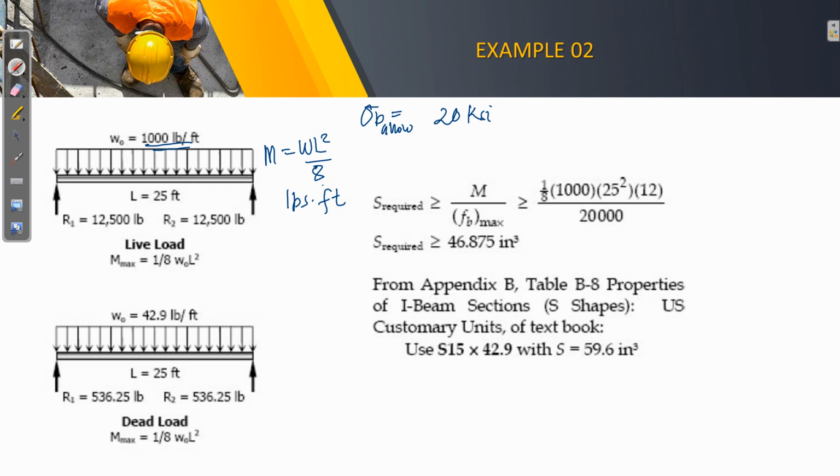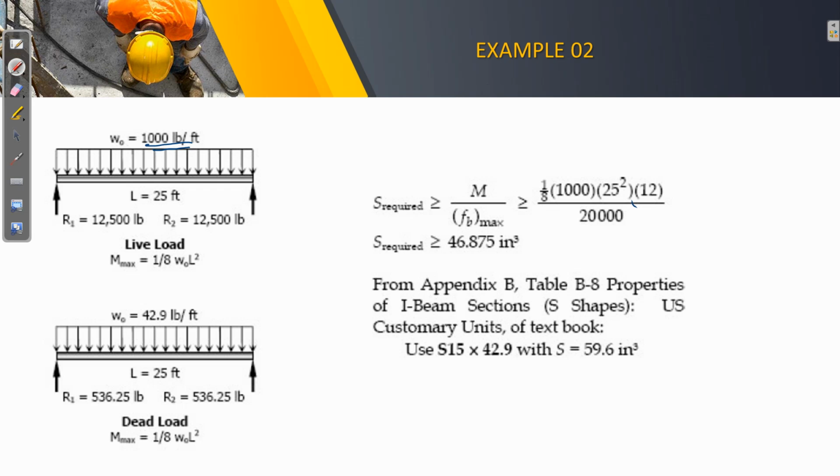So we need to convert feet to inches. One foot is 12 inches. That is why we have the factor 12 inches here. So 20 KSI is further expressed in terms of pounds, so we have consistent units in our equation.